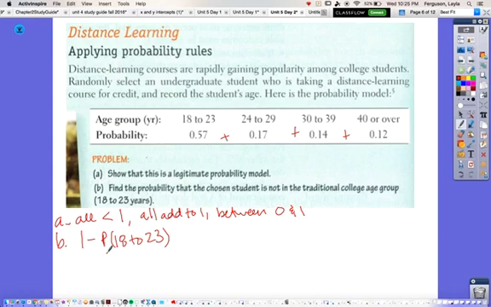So if we do that, we know that the probability that you're in the 18 to 23 group is 0.57. So we can basically say 1 minus 0.57 is going to equal 0.43. So what that means is that 43% are not traditional college students.